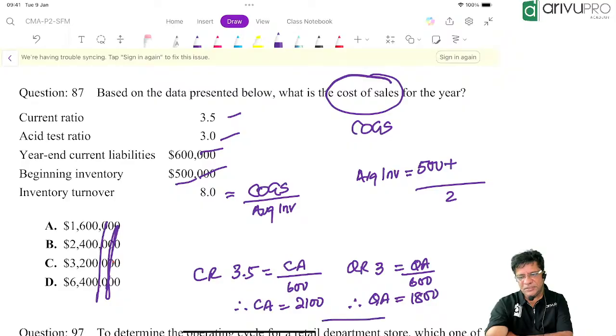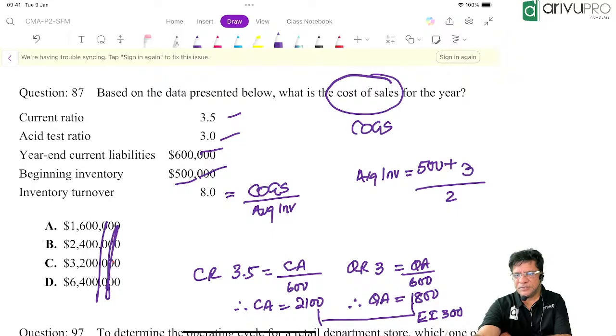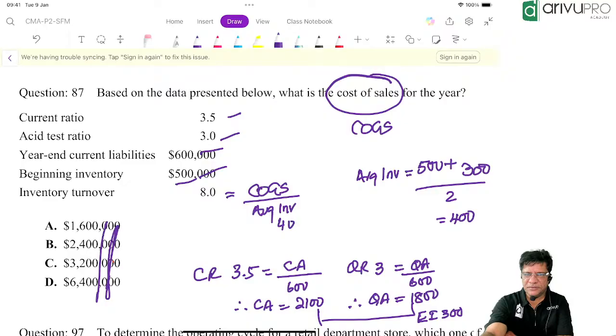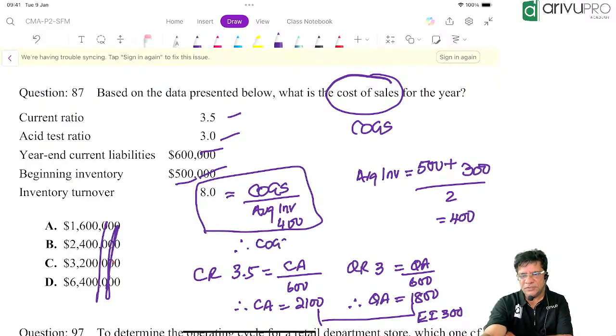Difference between these is inventory. Ending inventory 300. So 800 by 2, 400. Right? So we got 400. Therefore, cost of goods sold is 8 into 400, 3.2 million.